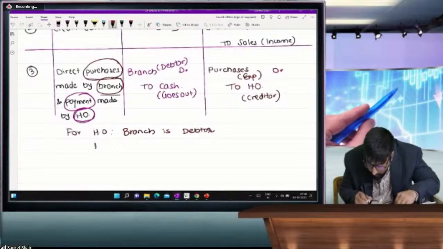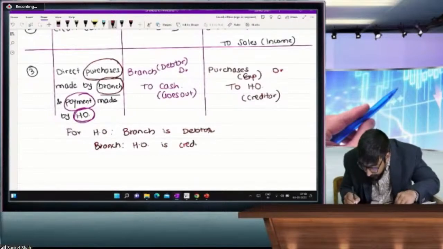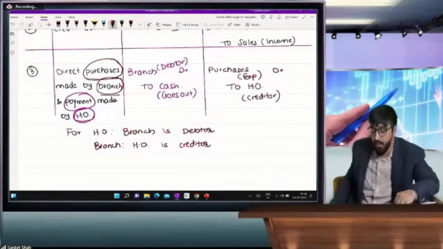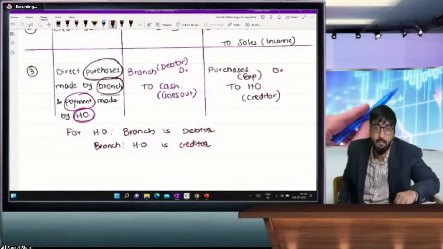And for branch, head office is creditor. तो ब्रांच के लिए हेड ऑफिस ये क्रेडिटर है और ब्रांच हेड ऑफिस के लिए डेटर है.